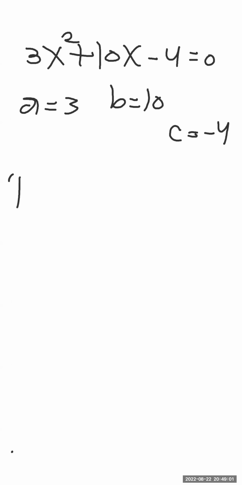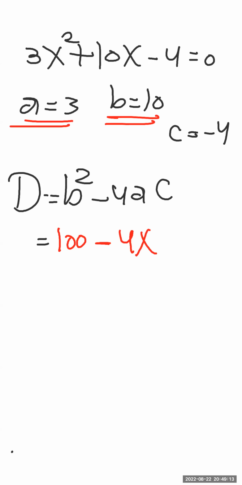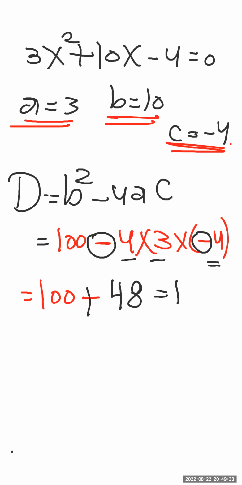Discriminant: B squared minus 4AC equals B squared 100 minus 4 times A 3 times C -4. So it will equal 100 minus 4 times 3, it's 12, 12 times 4, 48. Negative times negative is positive 48, so it equals 148. Positive value, yes.